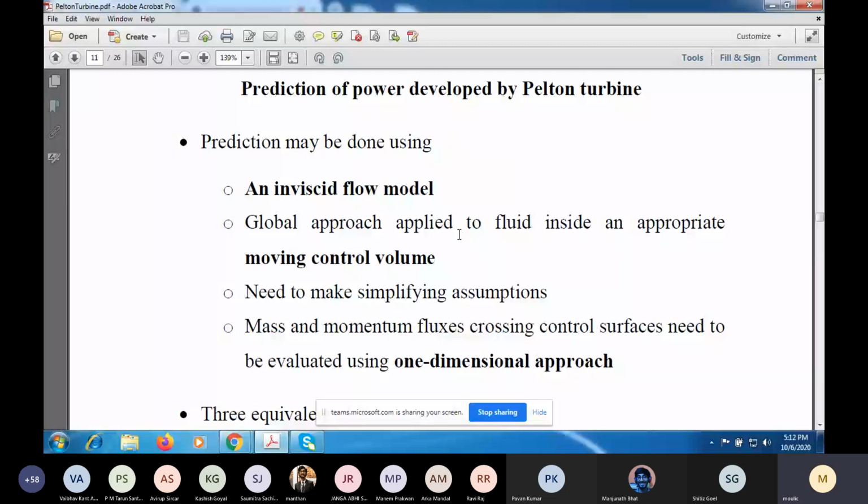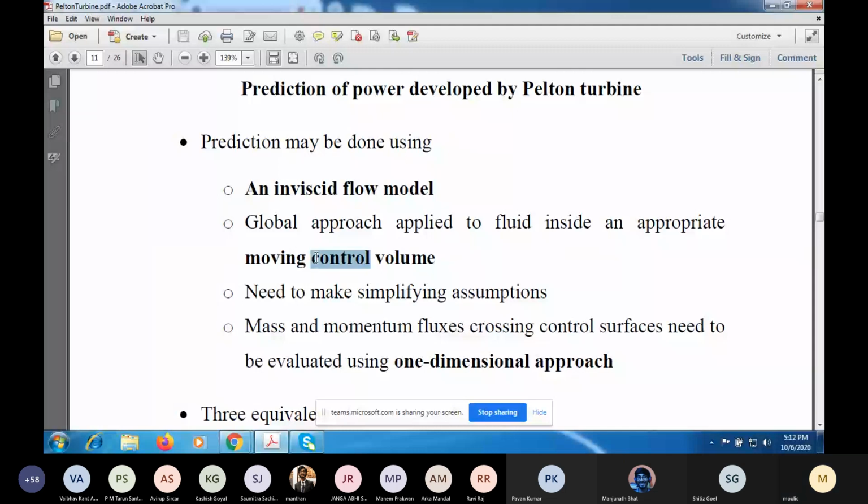So there you will see that you are applying the balance of momentum and conservation of mass to a large chunk of fluid. So we'll call it a global approach. Now in this case, the control volume which I just showed you was attached to the bucket which is moving. So we have to use a moving control volume. And that is why I've spent so much time in developing those equations instead of just stating them.